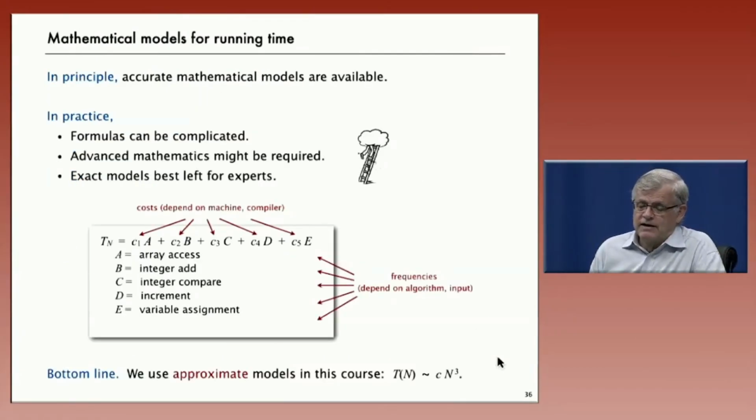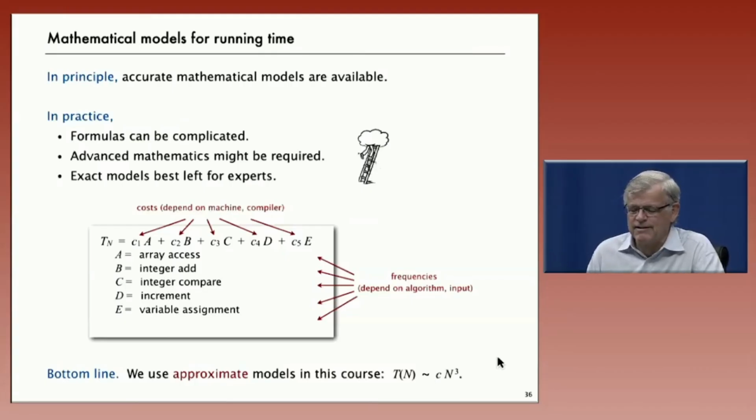All right, so in principle, Knuth tells us that accurate mathematical models are available. In practice, we can get really complicated formulas. We also might need some advanced mathematics that the theoretician will revel in, but that maybe people learning algorithms for the first time might not be expected to know. In the end, careful, exact models are best left for experts.